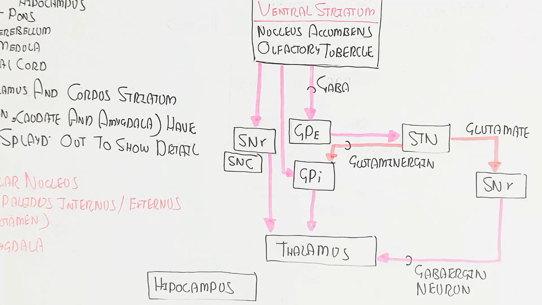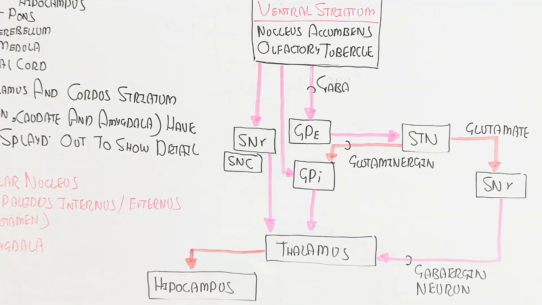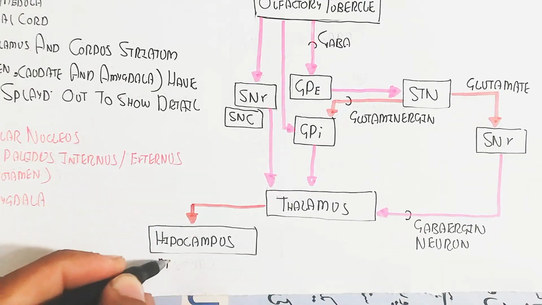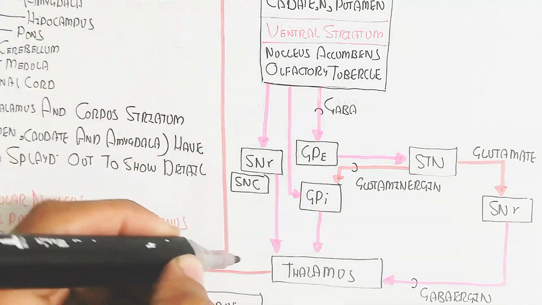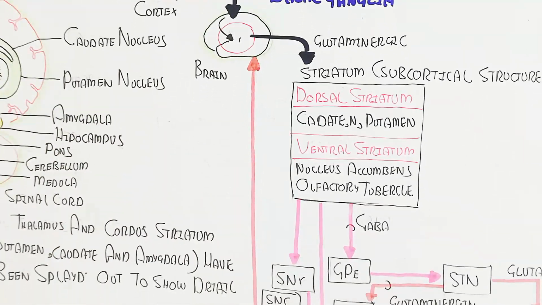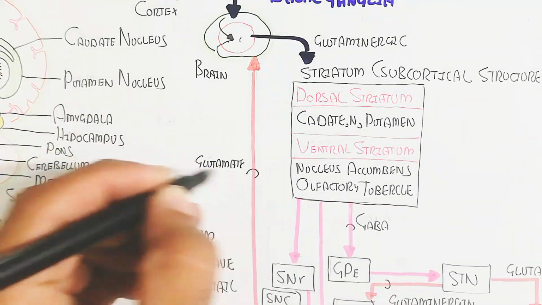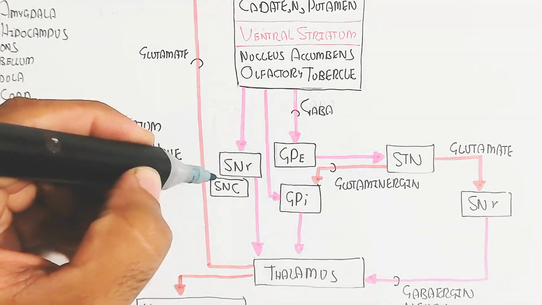When it inhibits, it is not stimulated, while when it is stimulated through glutamate it will lead to further stimulation. So in this way the thalamus will stimulate the hippocampus for memory, and also transmits the signal to the higher brain cortex for storage of long-term memory, like motor memory, the movement memory, how to move, how to walk.